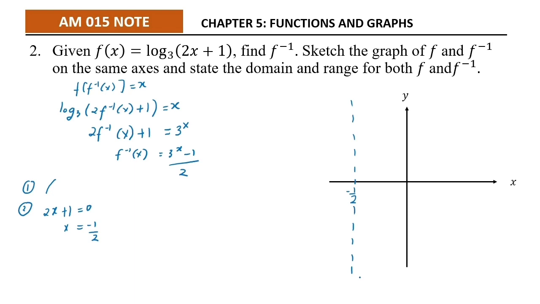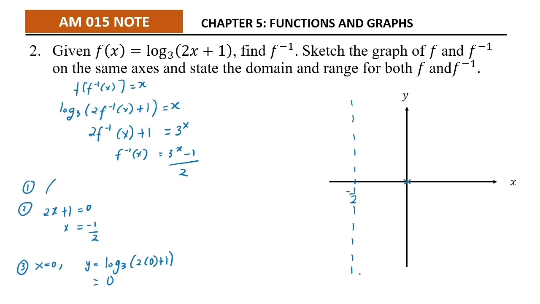Then from below to the right, the graph will cross the y-axis. The y-intercept is when x equal to 0, y equal to log base 3 of 2 times 0 plus 1, so log 1 base 3 equal to 0. Then the intersection point is here, 0, 0.